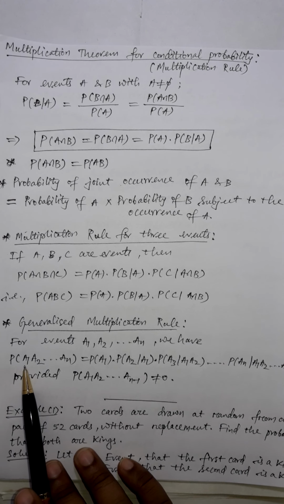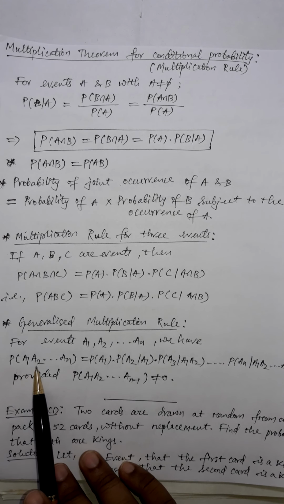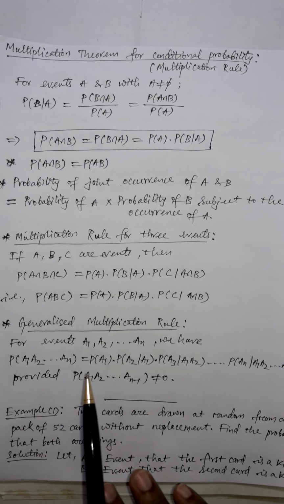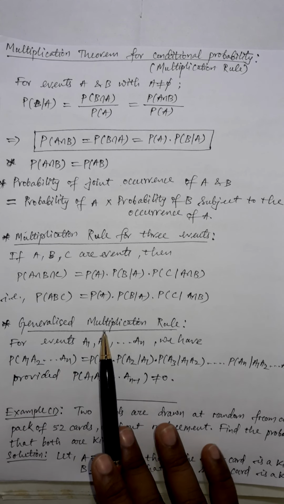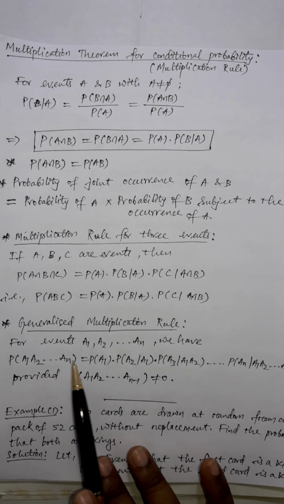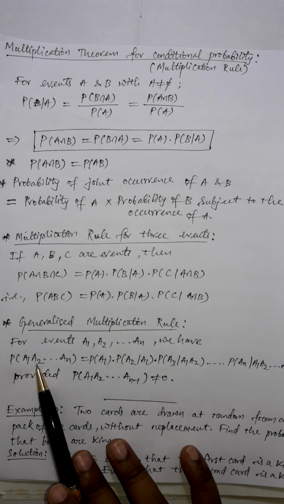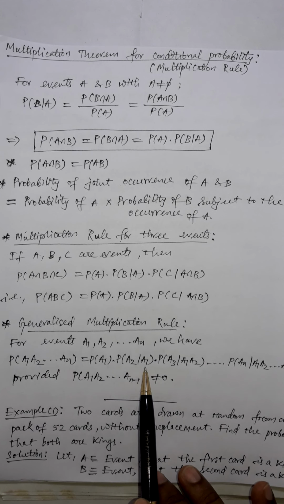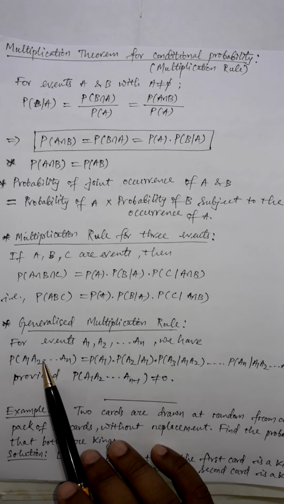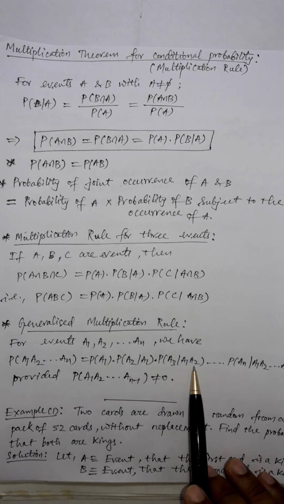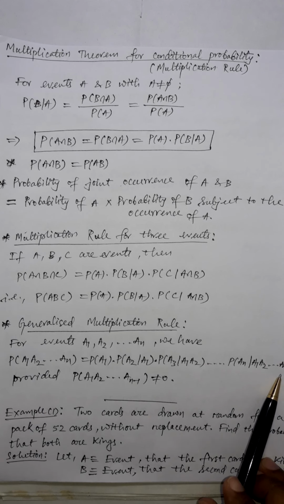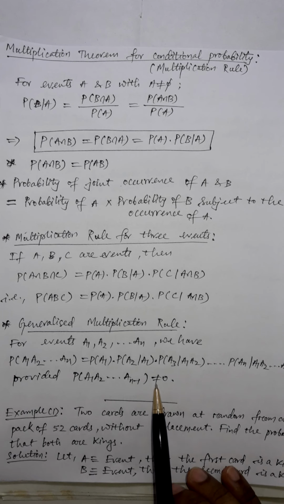Now, the probability of A1 intersection A2 intersection up to intersection An will be equal to, in a similar manner as above, probability of A1 multiplied with probability of A2 subject to A1 multiplied with probability of A3 subject to A1 intersection A2 and so on up to the end, provided the last probability should not be 0.